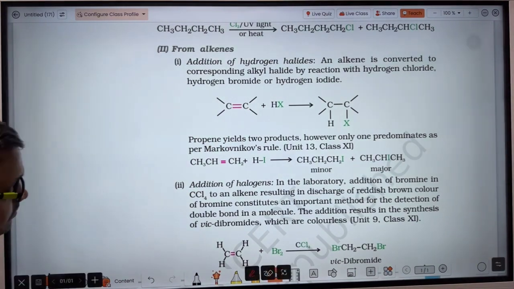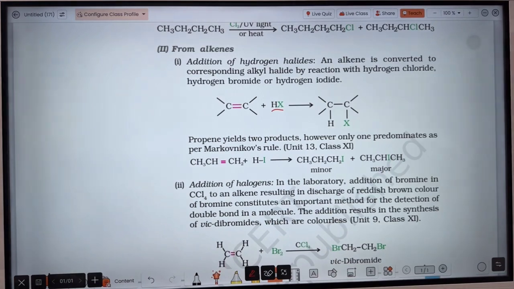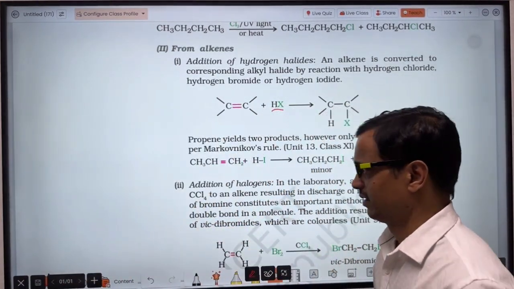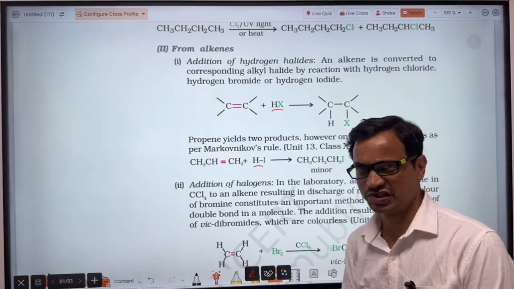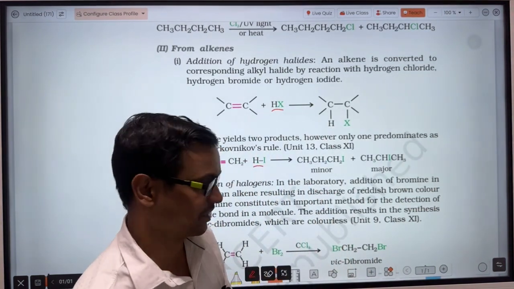What happened here? HX is here. So suppose this reaction is with HI. In HI, hydrogen is the positive part and iodine is the negative part.